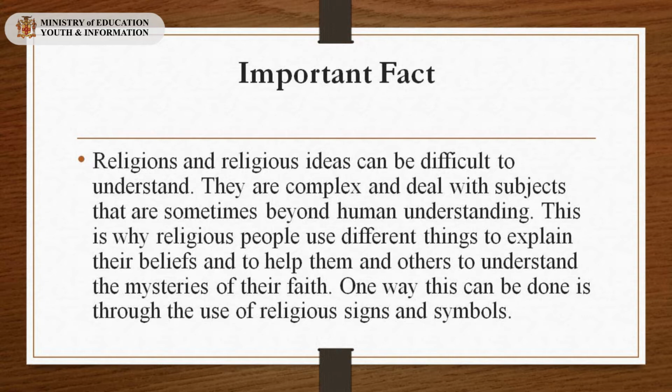They are complex and deal with subjects that are sometimes beyond human understanding. This is why religious people use different things to explain their beliefs and to help them and others understand the mysteries of their faith. One way this can be done is through the use of religious symbols.